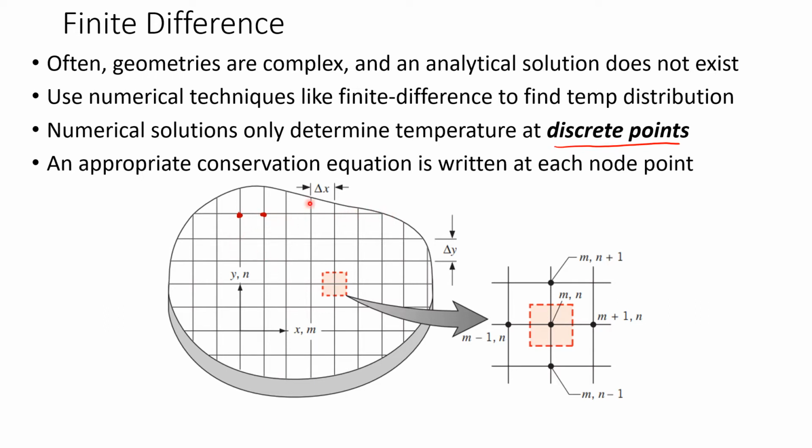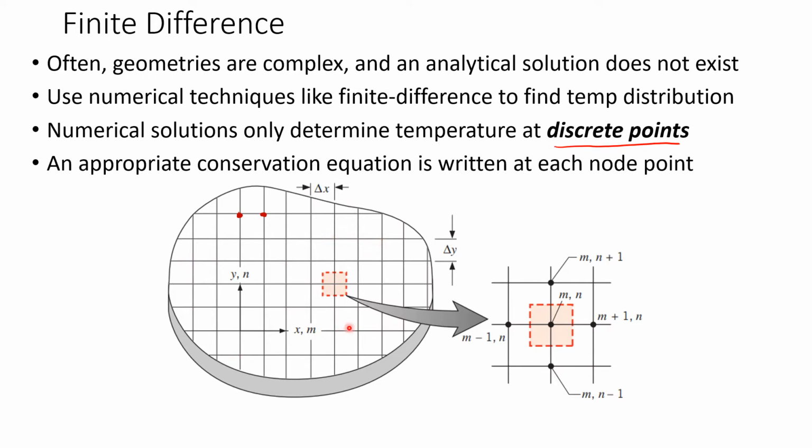If we divide this particular object into extremely small cells, that means if your delta x and delta y are very small, the temperature at your discrete points will almost appear as if it's a continuous distribution of temperature.